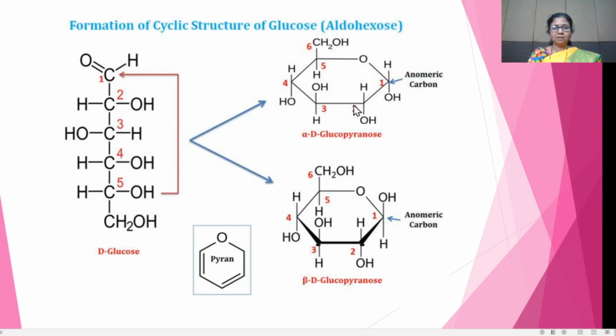In this way, there is the formation of two structures of glucose, alpha D glucopyranose and beta D glucopyranose. This type of cycle is called pyran. In this way, the formation of the cyclic structure of glucose takes place.